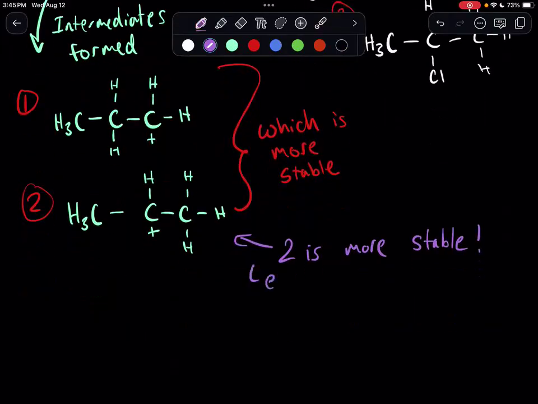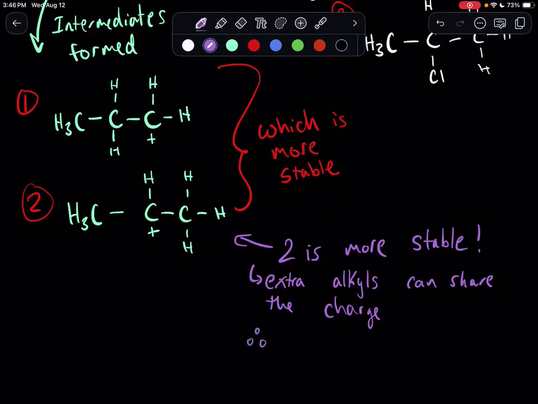The extra carbons, extra alkyls, can share the charge to stabilize it. Therefore, 2 is favored.